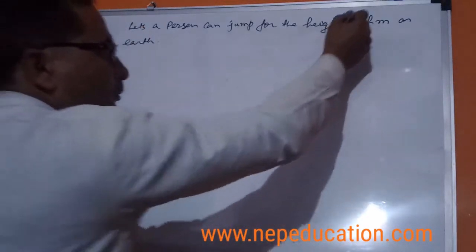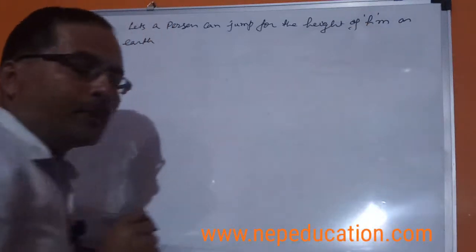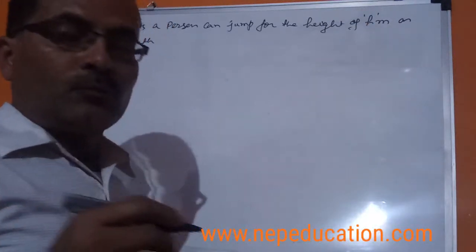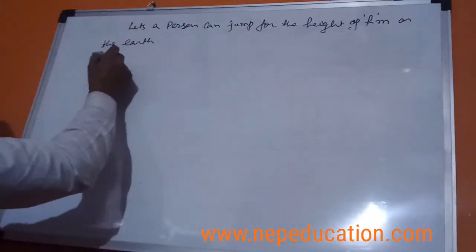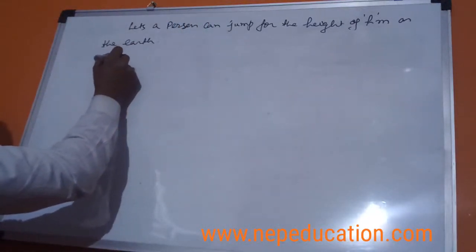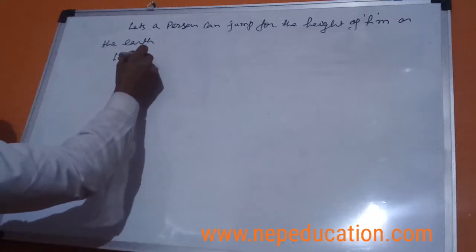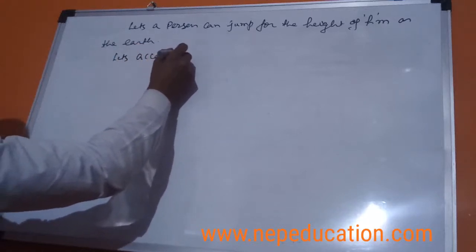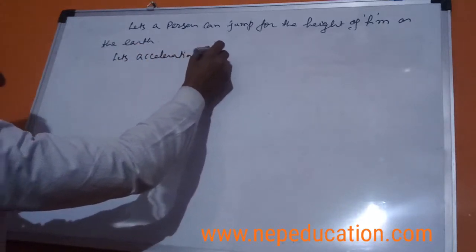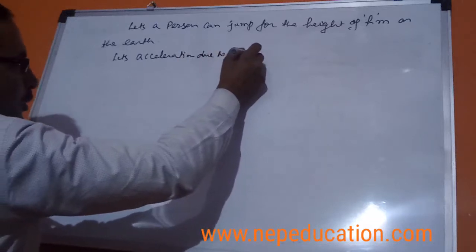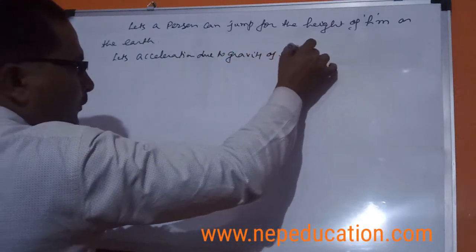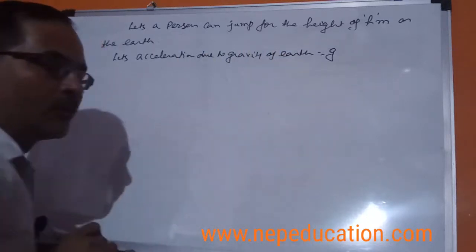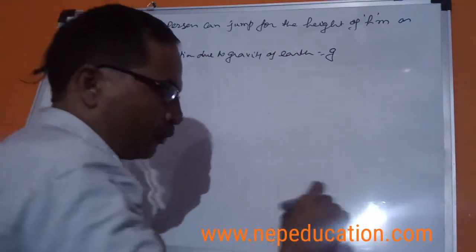So how many meters can be jumped on Jupiter or maybe on the moon? How to find the relation? See, let the acceleration due to gravity of earth be g. Okay, all of you know that.